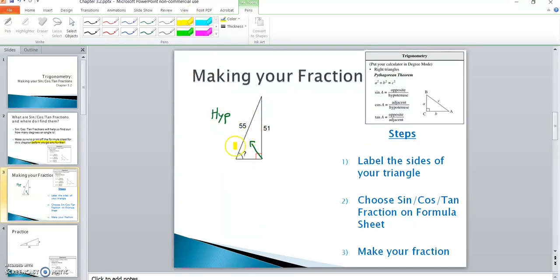Notice how it says that it's 55. Now the next side I'm going to label is the adjacent, because my angle touches the hypotenuse and the adjacent.